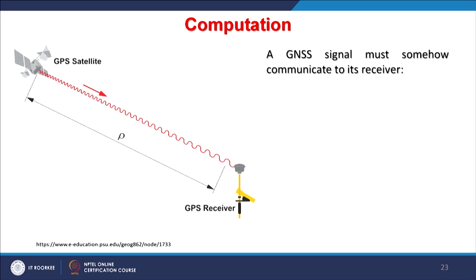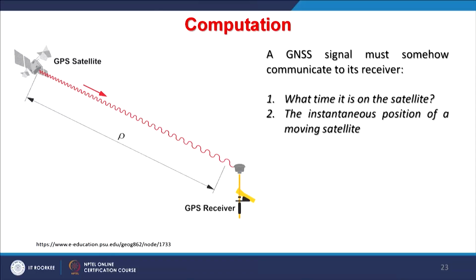So while receiving signals, one has to take care when you are surrounded by mountains or buildings, whether signals are being received directly or by reflection. That is very important to remember while getting values or estimations of position through the GNSS system.